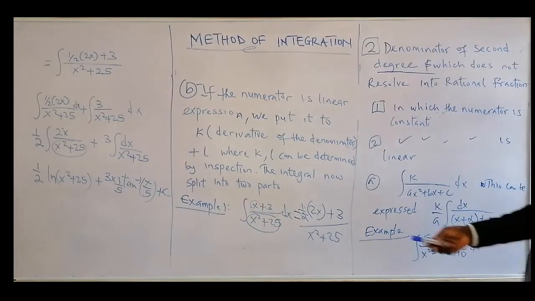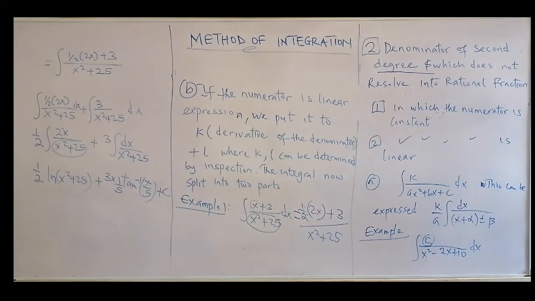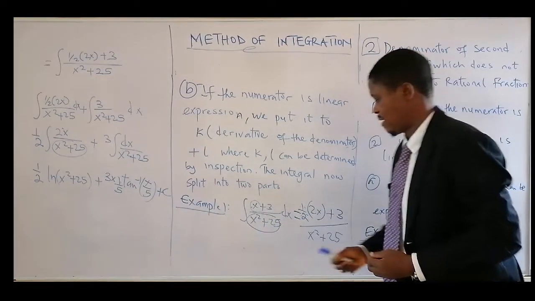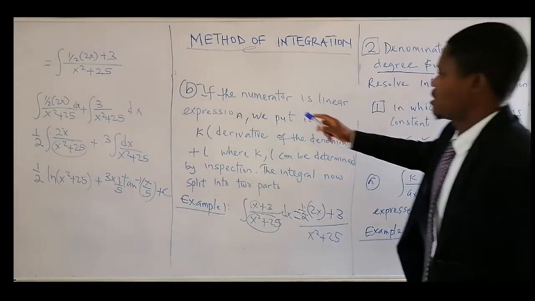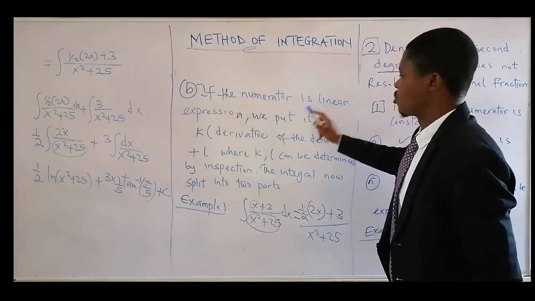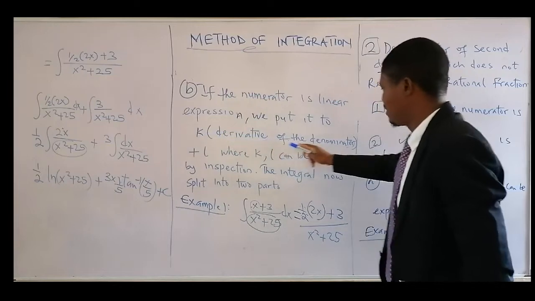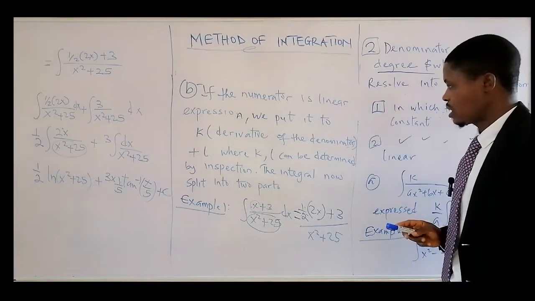Don't forget that the denominator you cannot resolve into a rational fraction, I mean, you can resolve into linear factors. What the law is now saying is that the numerator is linear, so we put it to k times the derivative of the denominator, and then plus L.